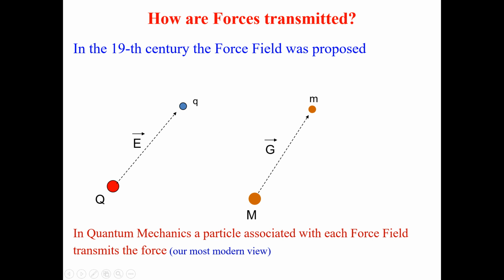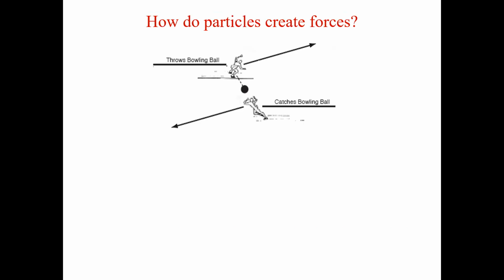If we have a bigger mass, like the mass of the sun, and a smaller mass, like the mass of the earth, then when these two masses interact, first of all they interact through the field. That was proposed in the 19th century, and in the modern era we still believe that particles first interact with the field.